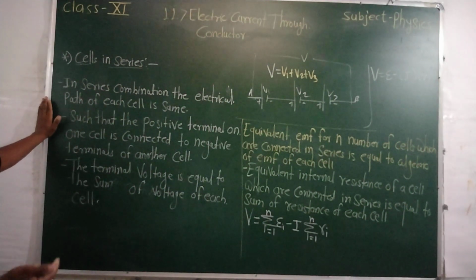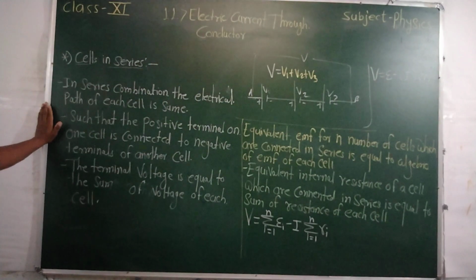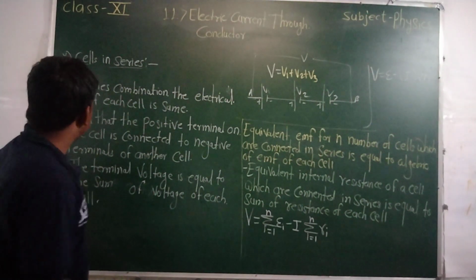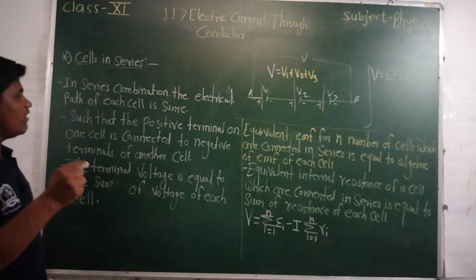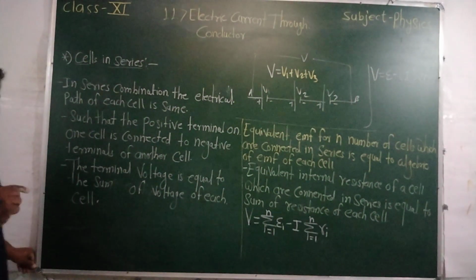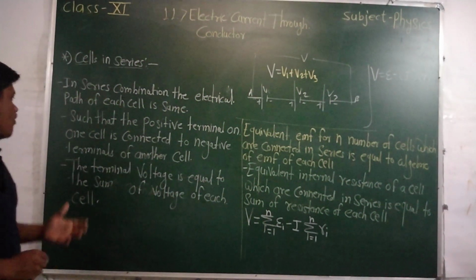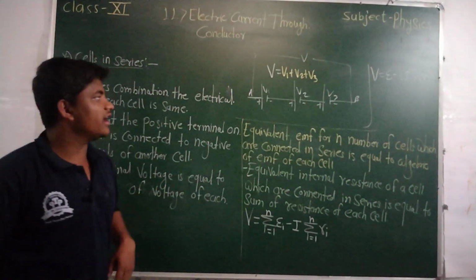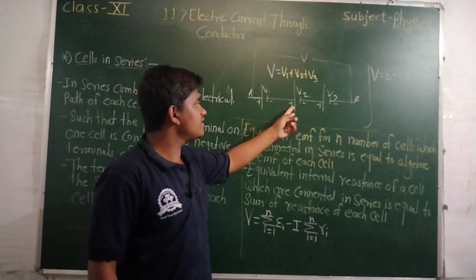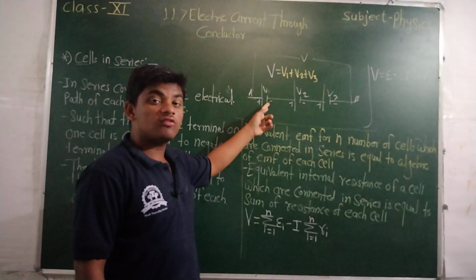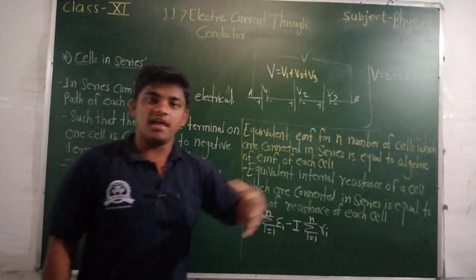When we connect cells in a series combination, the electrical path of each cell will be the same, such that the positive terminal of one cell is connected to the negative terminal of another cell, its neighbor cell.